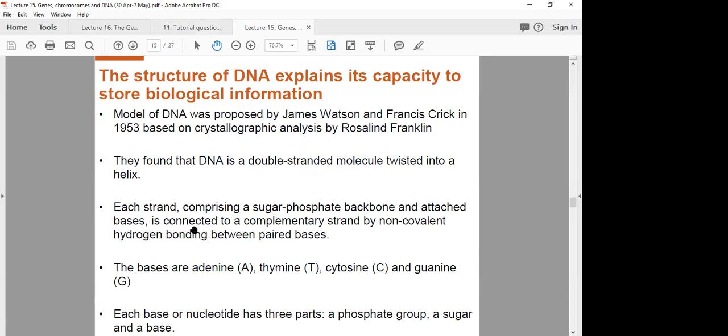And those bases on each strand are connected to the other strand by non-covalent hydrogen bonding between the paired bases. Everyone already knew that the bases were adenine A, thymine T, cytosine C, and guanine G. And they also knew at the time the chemical structure of the nucleotide, that is the three parts, a phosphate group, a sugar, and a base.